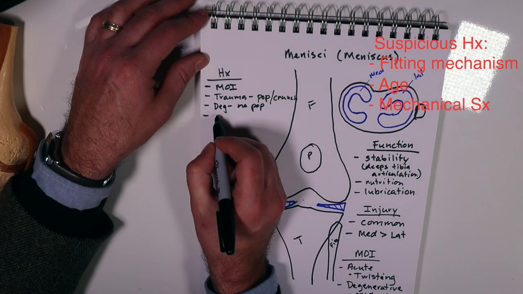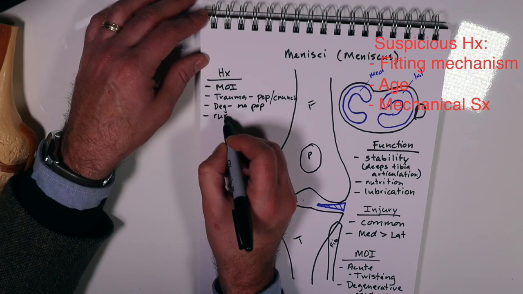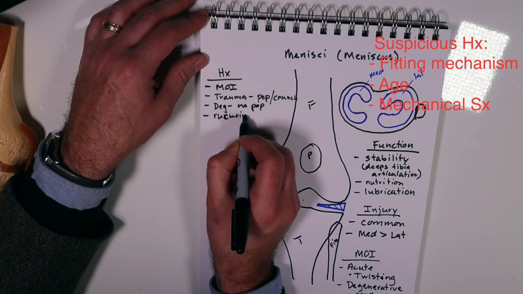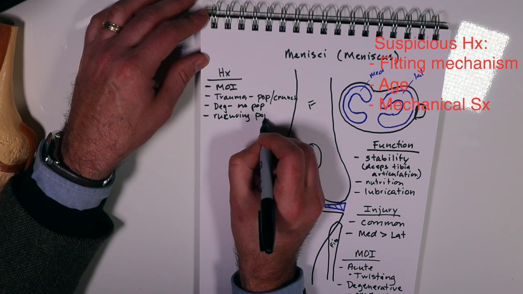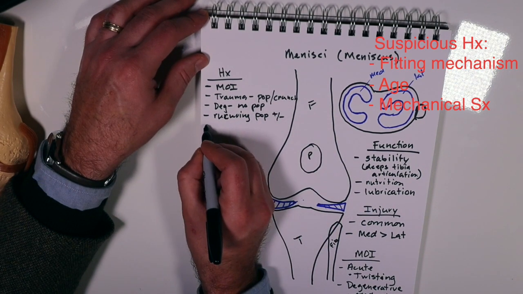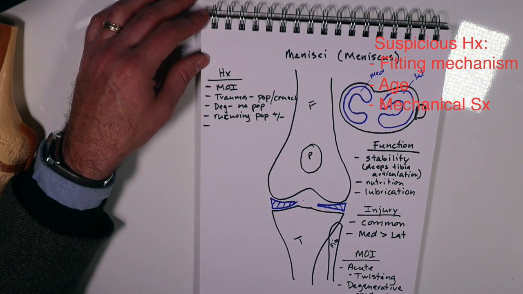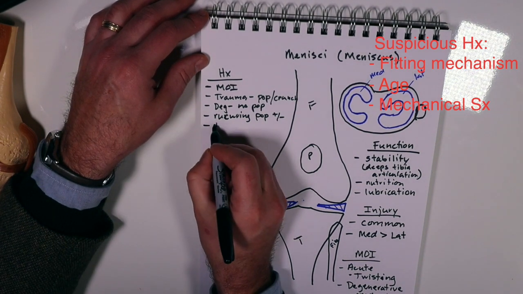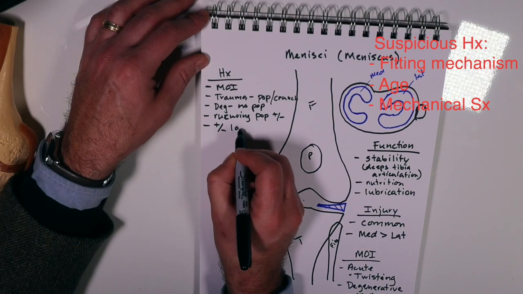Now, if the tear is a big enough tear or an unstable tear that's moving and popping in the knee, they may have recurring popping. And that popping is generally painful. In a big enough tear that flips out of place and gets into the joint, there may be actual locking where the knee locks up.